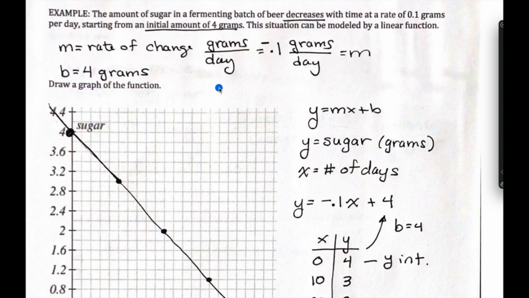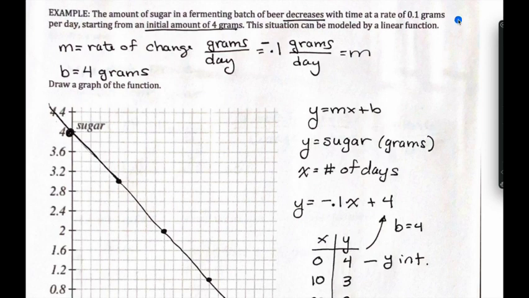We have the amount of sugar in a fermenting batch of beer decreases. Now, this is important. If it decreases, that means we're going to have a negative slope. And it decreases with time at a rate of 0.1 grams per day. So this is our rate. We're comparing quantity of grams to each day.